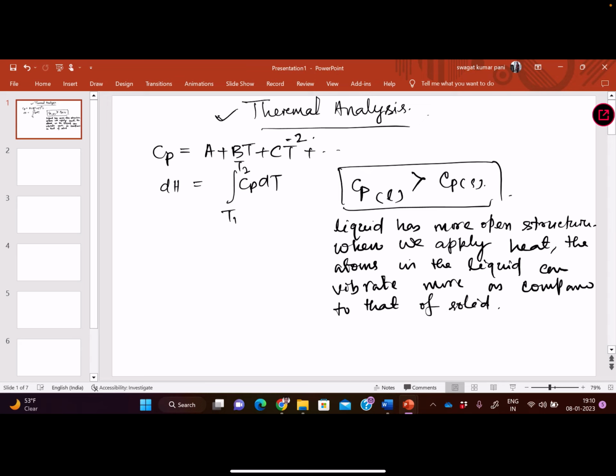So that's why they can absorb more energy. Cp is basically specific heat, that means the amount of energy required to increase the temperature by 1 degree. So this is why Cp of liquid is greater than Cp of solid. Always remember this point.